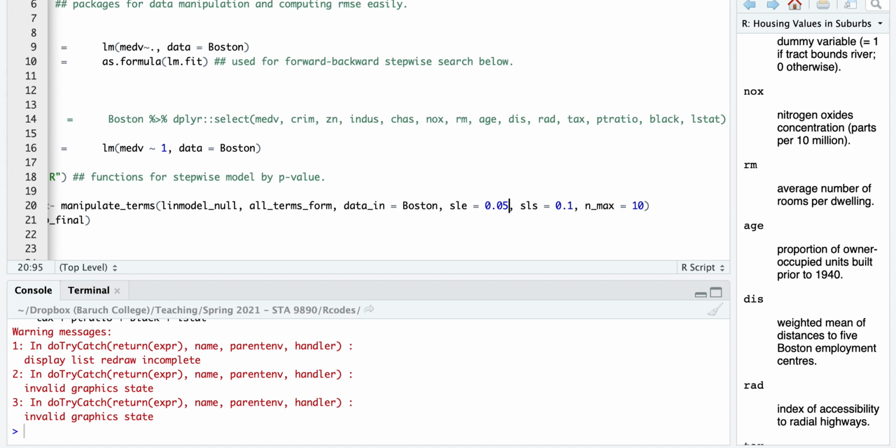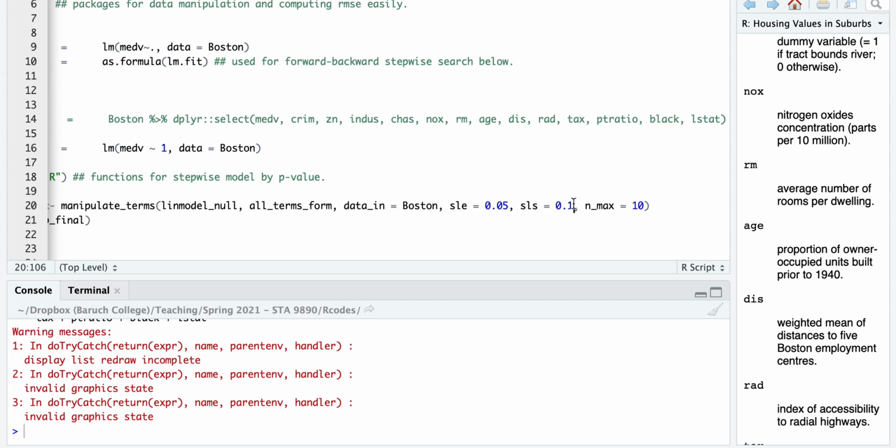What this means is that in the forward process, we're saying essentially add as many variables as we can, up to the point where there is no variable to add which has a p-value less than 0.05. That's what this means.